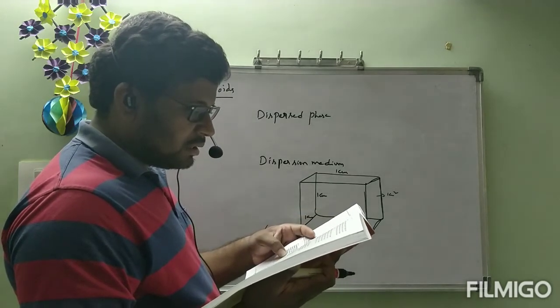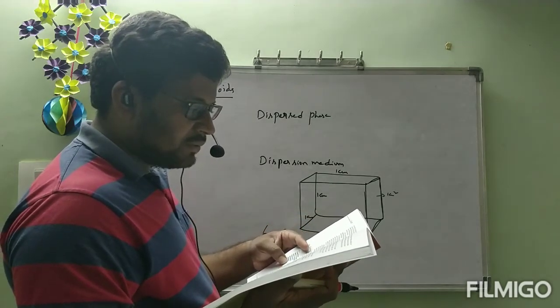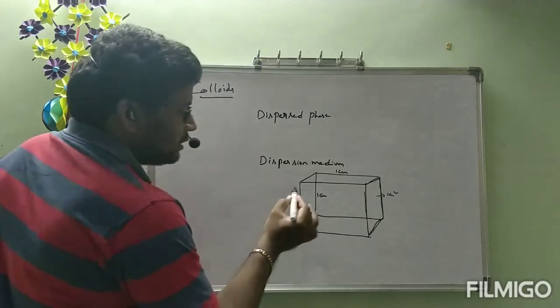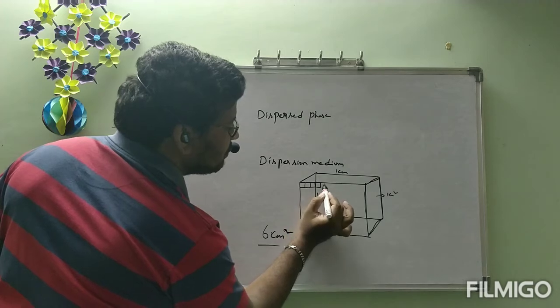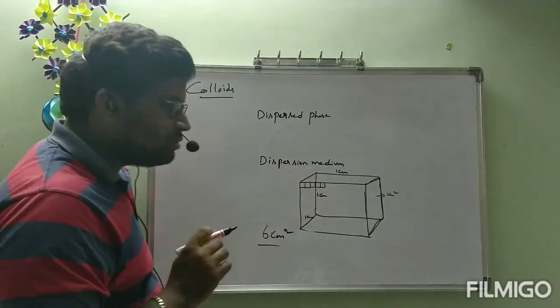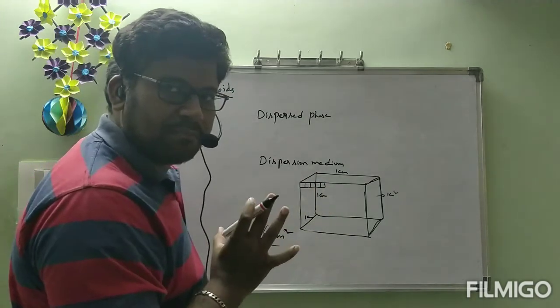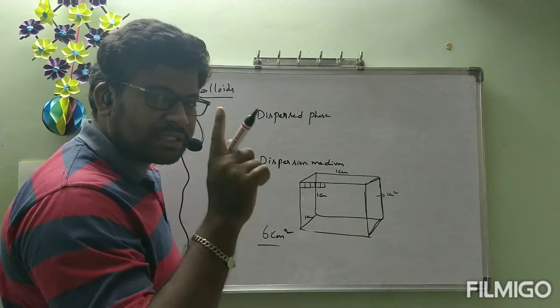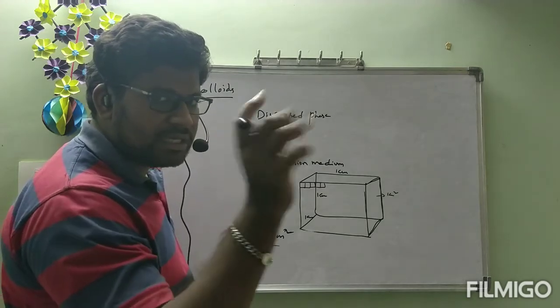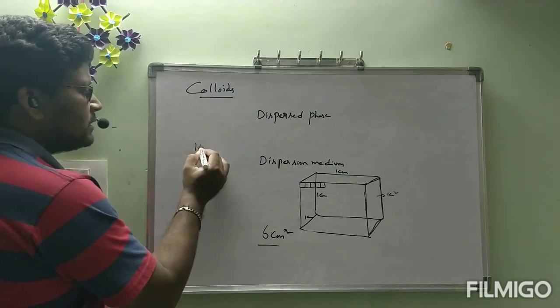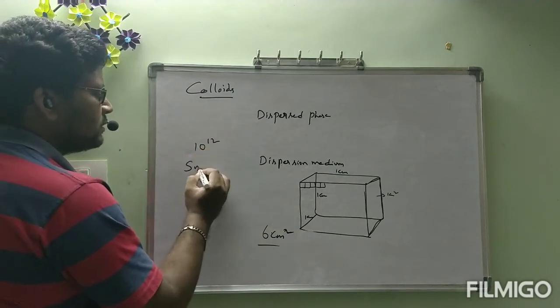If it were divided equally into 10 power 12 cubes, like that 1, 2, 3, 4, 5, how many cubes we made. This big cube of 1 centimeter length is made into 10 power 12 small cubes.